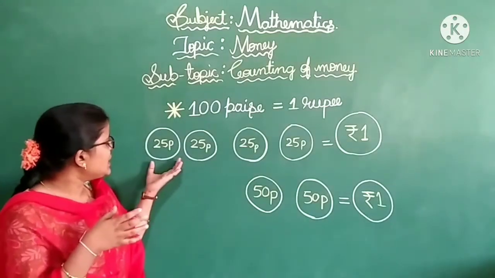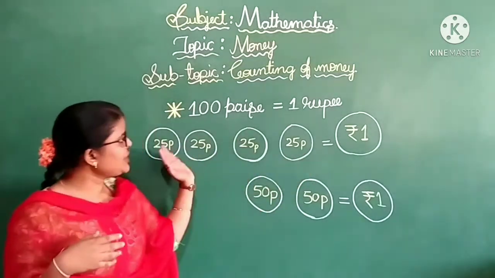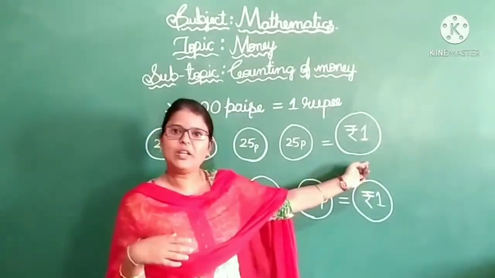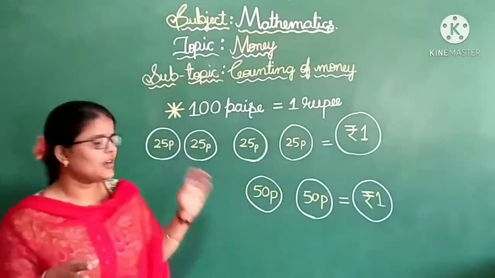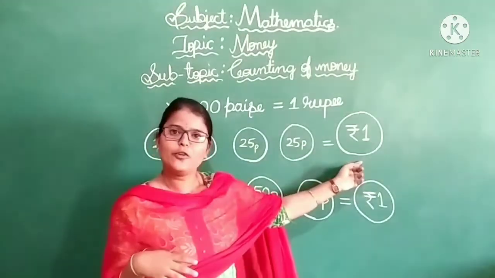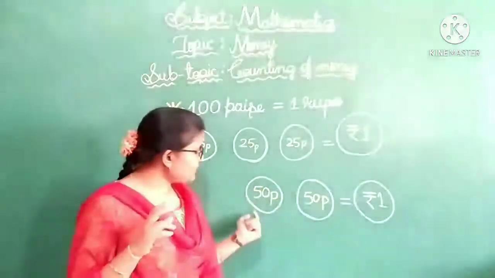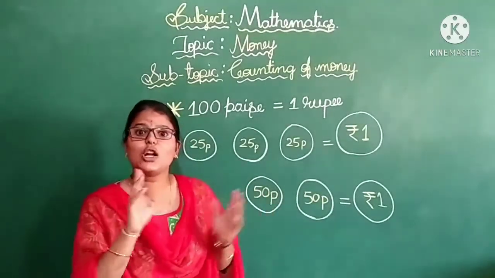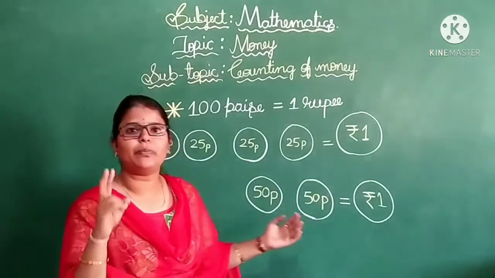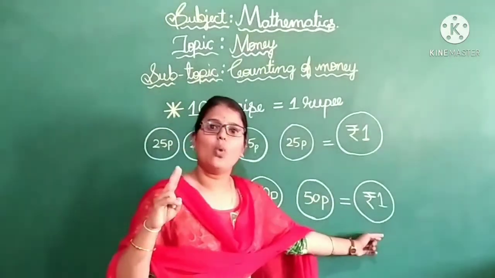If we add four 25 paise coins, we will get 1 rupee. Next, by adding 50 paise twice, not 50 rupees, we will get 1 rupee.